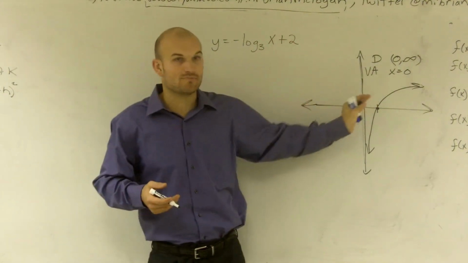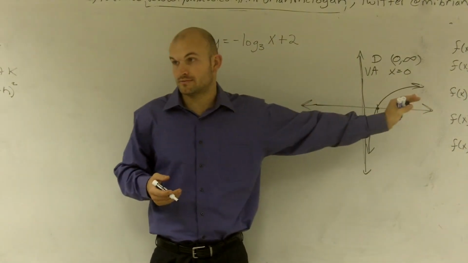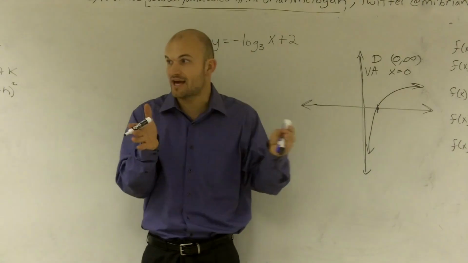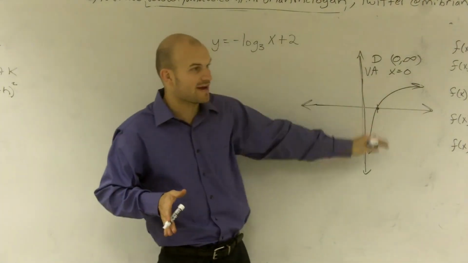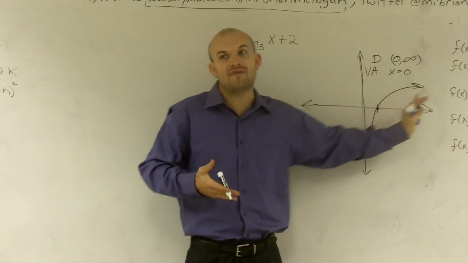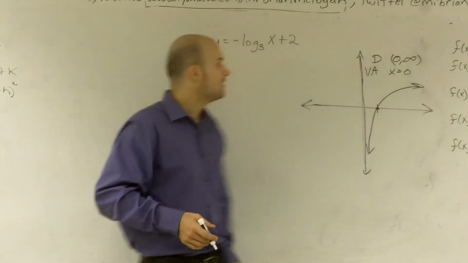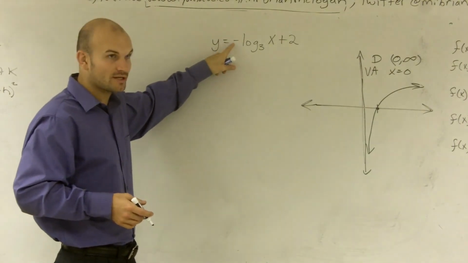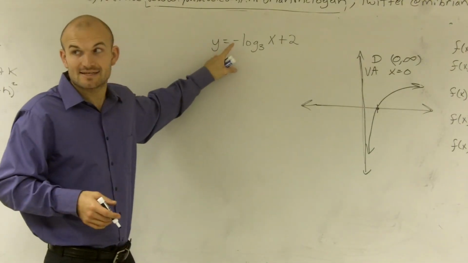Is that going to change my domain left or right? No, right? Because remember, domain is dealing with x, your x values. So if I'm shifting my graph up or down, it doesn't matter because your domain only deals with the value of your x values. Then the next one, let's look at this. This is telling me I'm going to do a reflection about the x-axis.